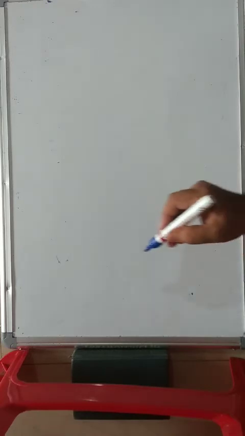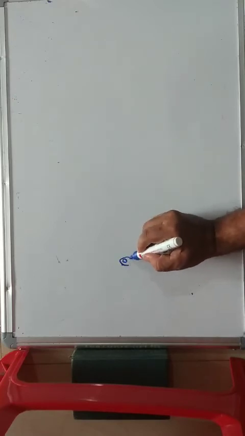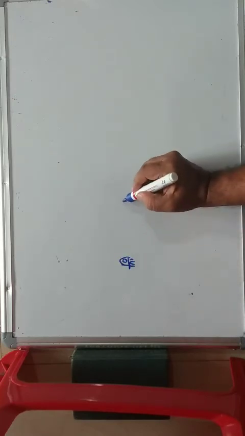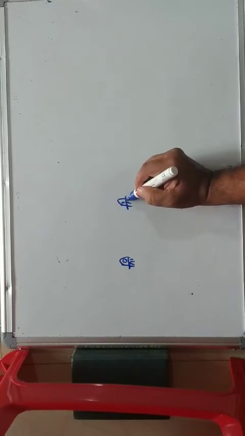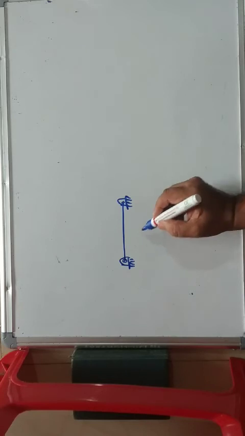One more problem is given, so I will try to solve it: how to find the instantaneous centers of a given mechanism. The given mechanism is like this. This length is given as 65 millimeters.